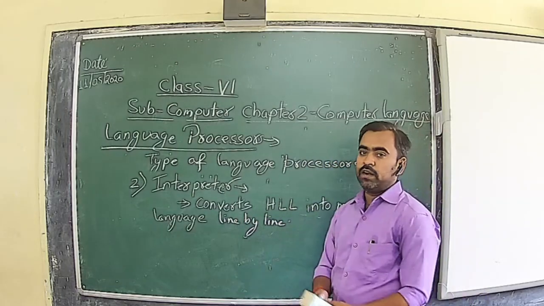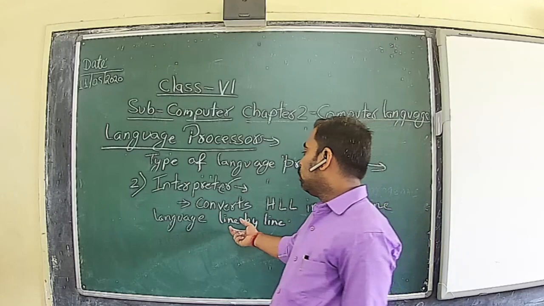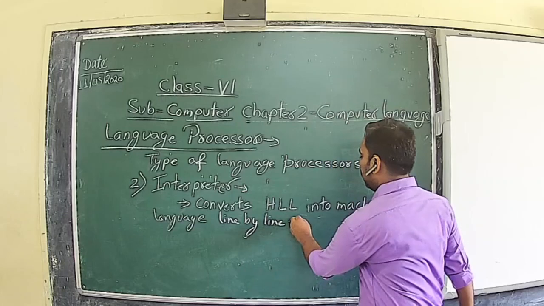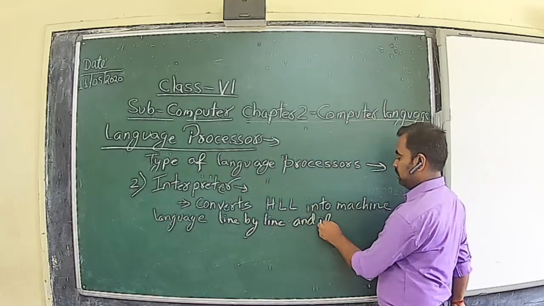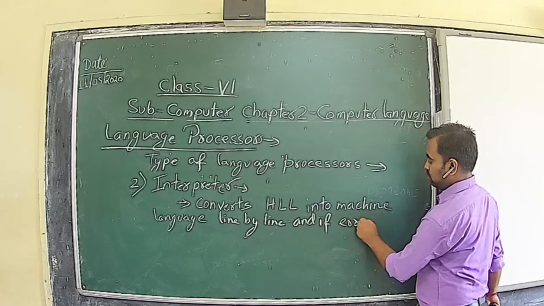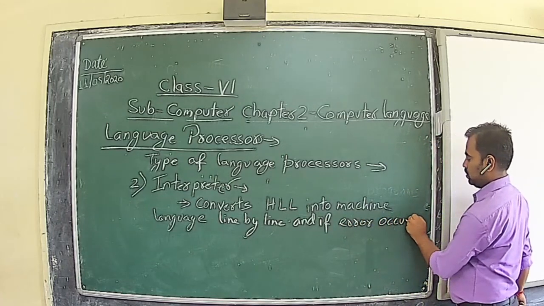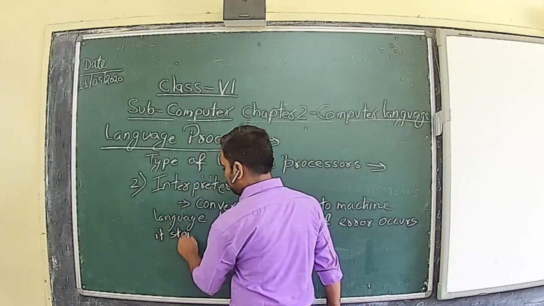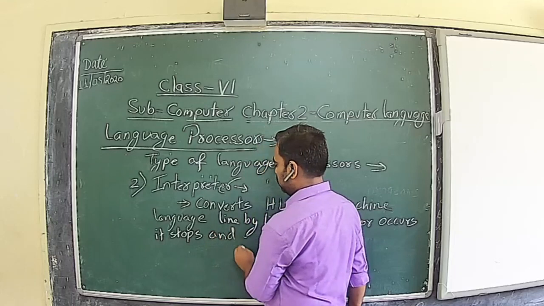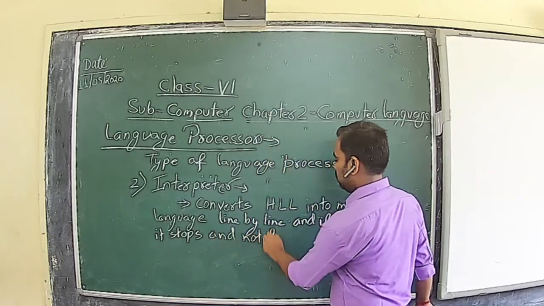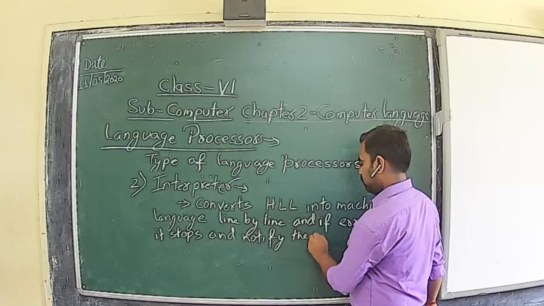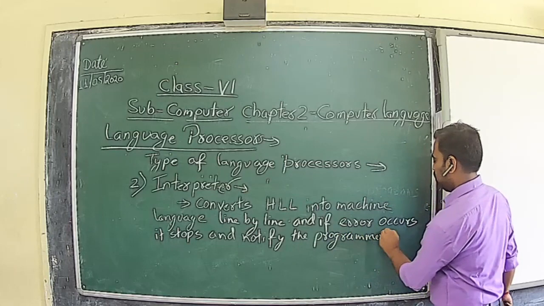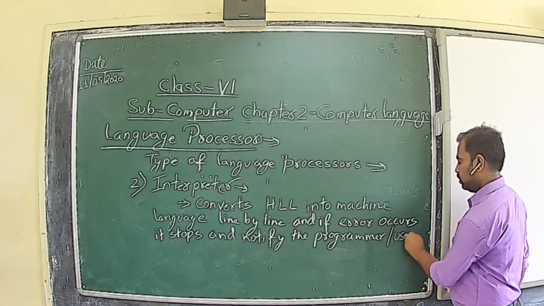Line by line means it will go through the program or the code line by line, and if an error occurs, it stops and notifies the programmer or user of the program.